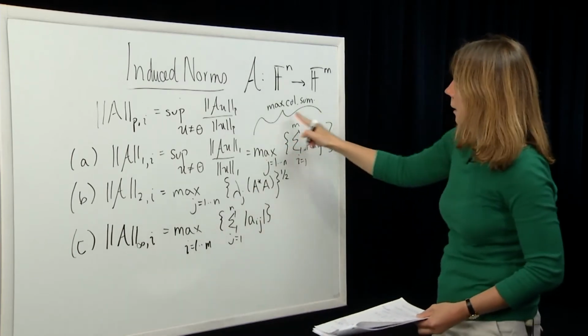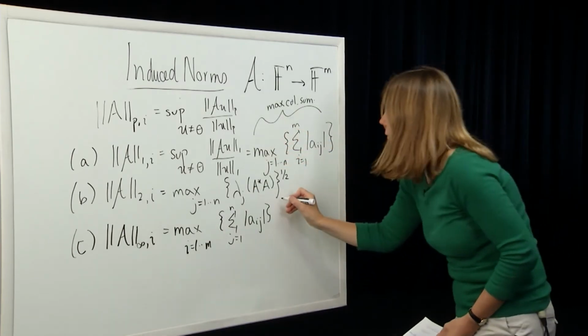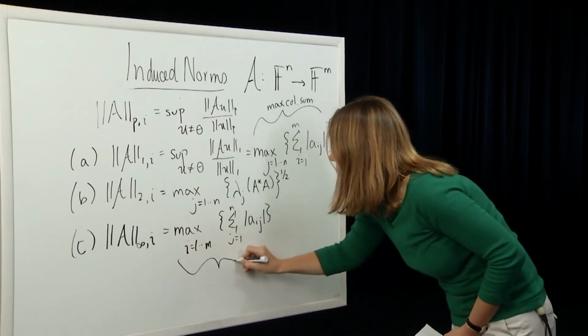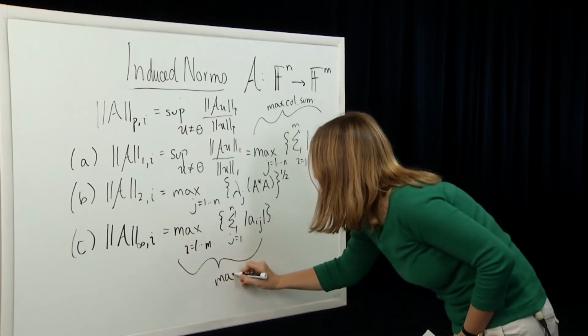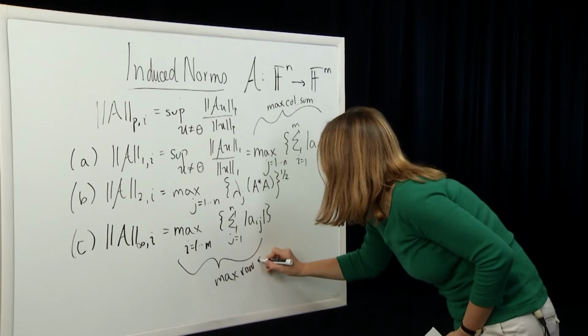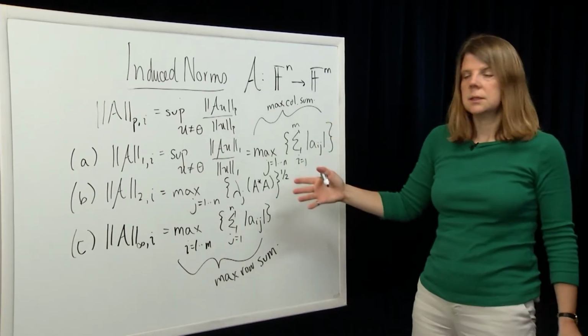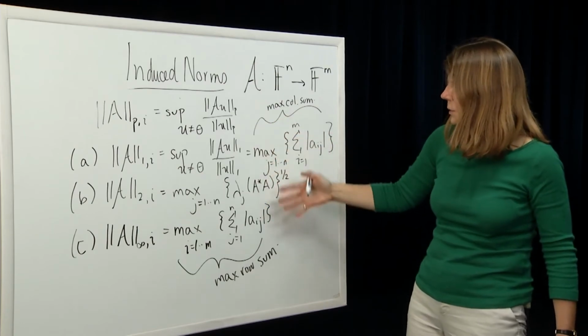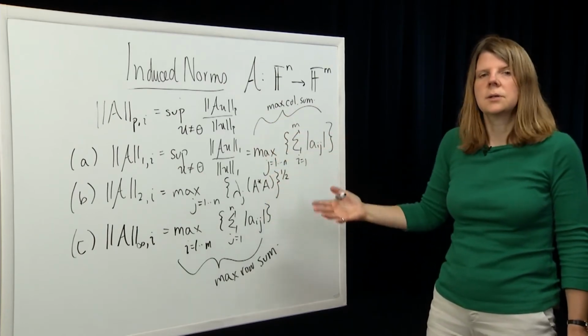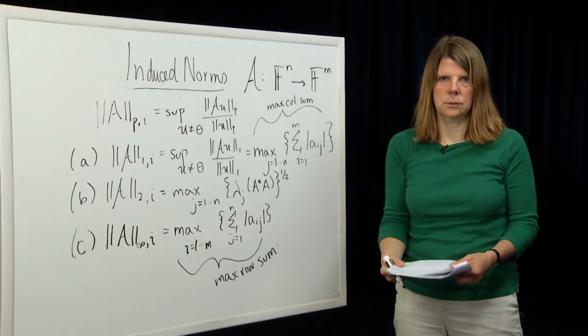And so it's the analog of this for the rows. So this is the max row sum. Again, given a matrix A, all of these entities are easily computable. And these are the typical matrix norms that we use.